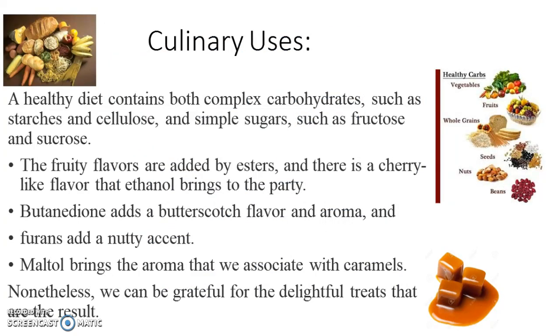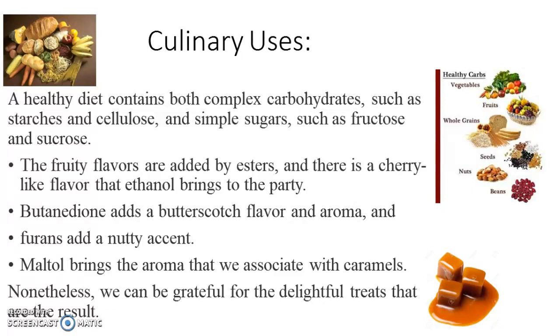Some culinary uses of carbohydrates. A healthy diet contains both complex carbohydrates such as starches and cellulose, and simple sugars such as fructose and sucrose. There are carbs in a lot of foods that we eat and drinks. Carbohydrates only contain 4 kilocalories per gram.